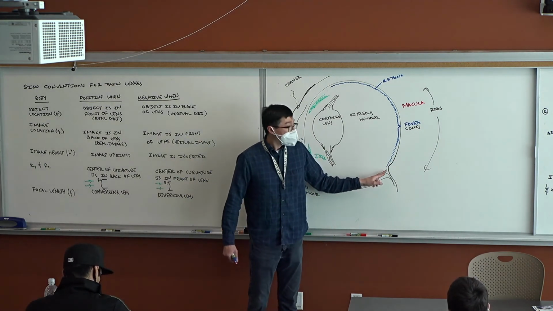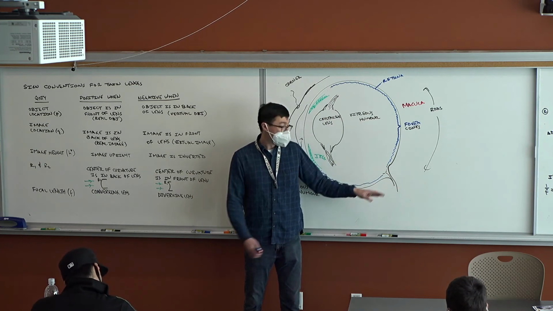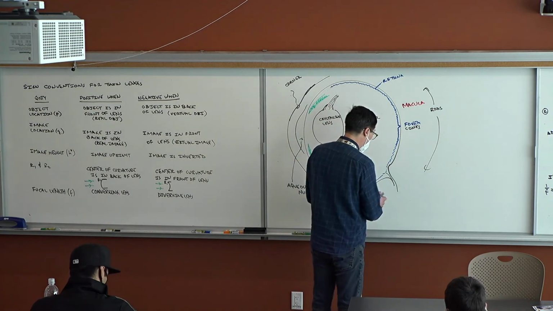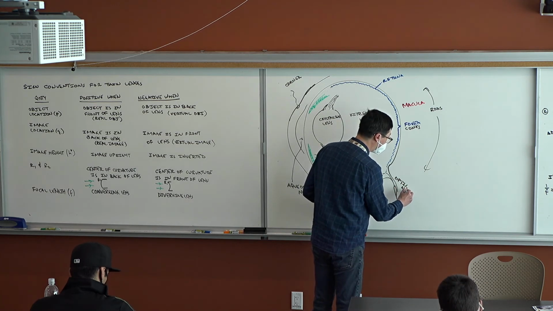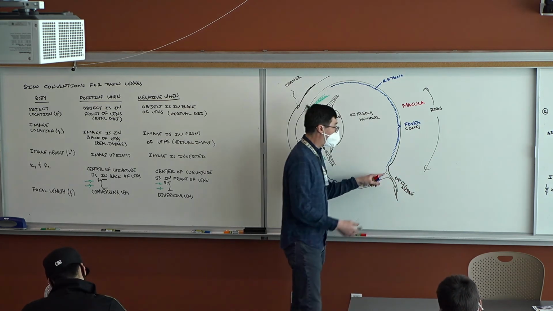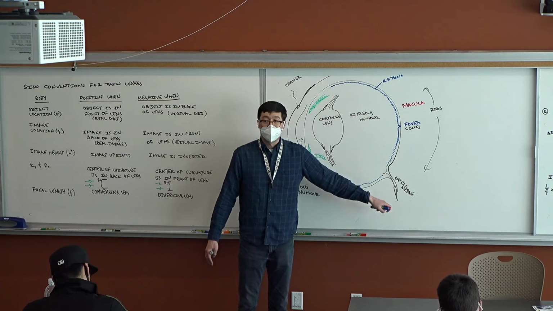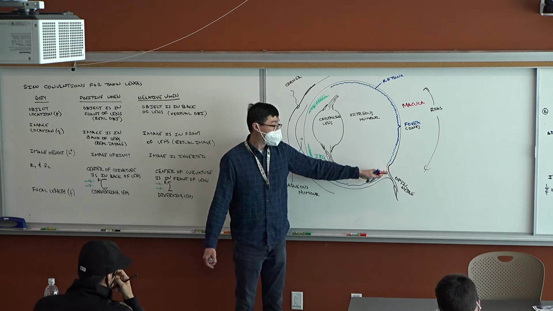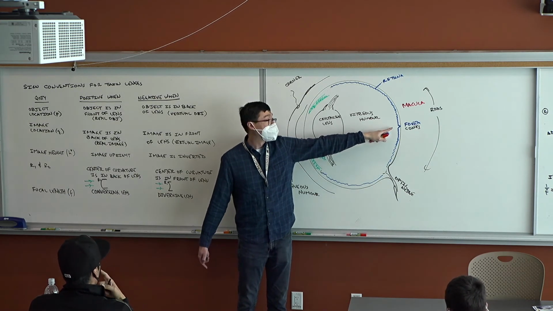But note that the retina here, I've kind of delineated where the optic nerve connects to the brain. You actually have almost no rods and no cones there, but really you only have cones in any great number at the fovea.